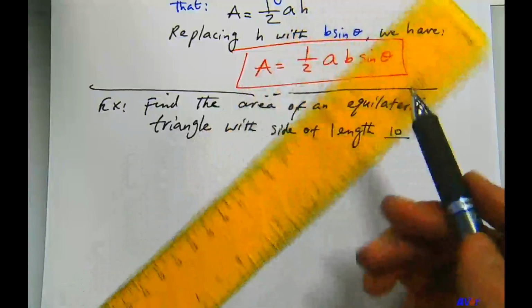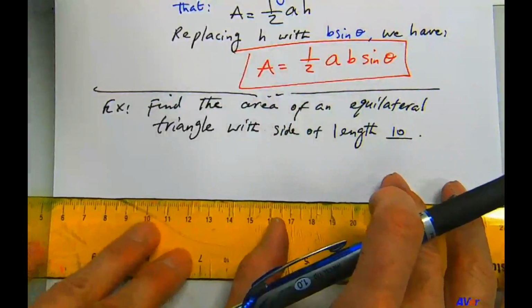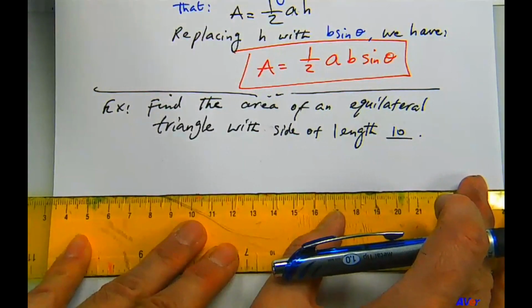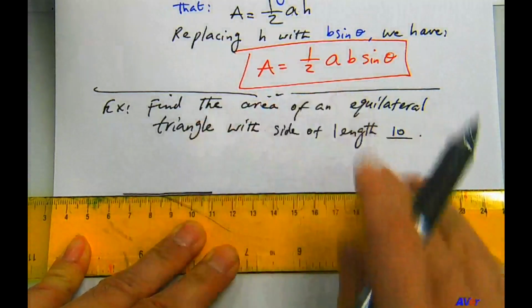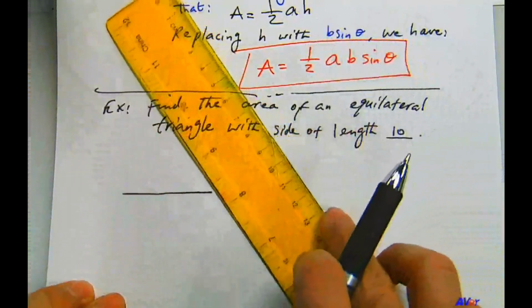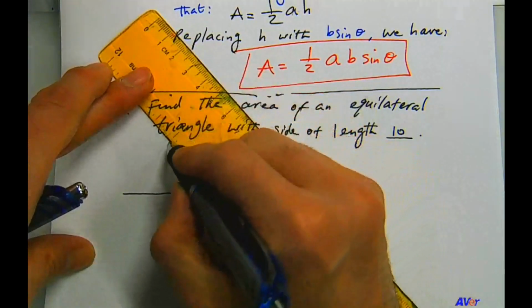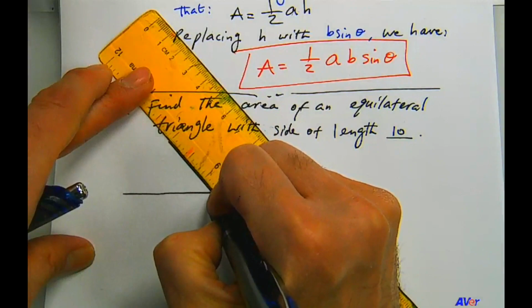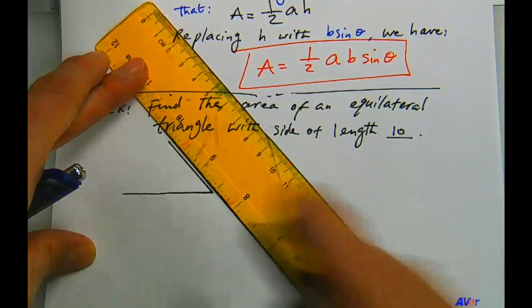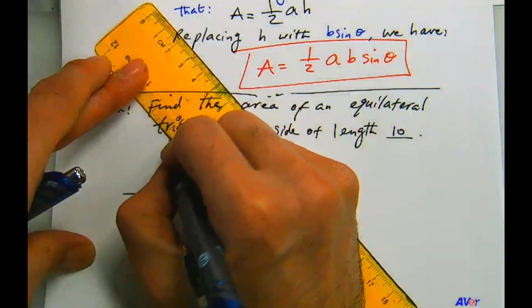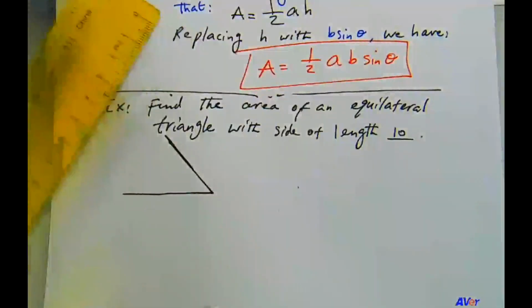So here, this is an equilateral triangle. I'll try to do my best to draw that. We have a triangle like this, and then let me draw a side from here to here, maybe a little bit higher to make it more equal to this side and that side.